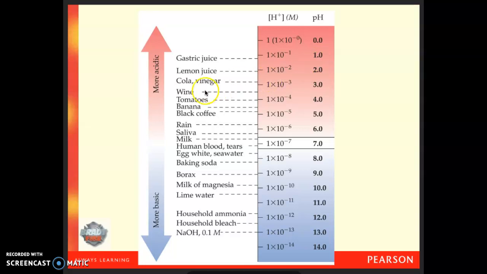Some other common substances that are acidic: tomatoes, which come in right around pH 4. Coffee comes in just under pH 5. Cola and vinegar, both of which are ingested for various reasons, come in just below a pH of 3, so pretty acidic stuff.